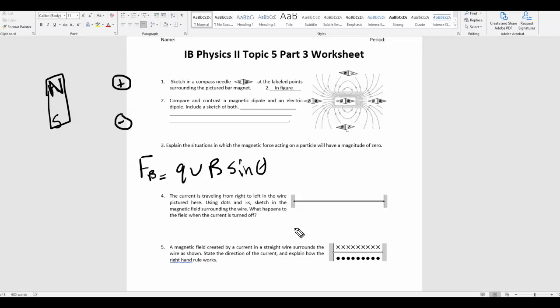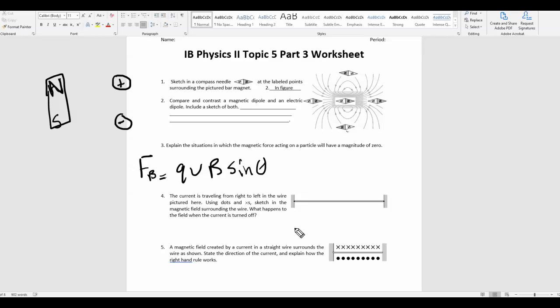And in order for sine theta to be 0, the angle has to be either 0 degrees or 180 degrees, so parallel or anti-parallel. Somebody asked me in a past video what I mean by anti-parallel. Anti-parallel is not perpendicular. Anti-parallel just means in the exact opposite direction, where the angle is 180 instead of 0. So that's question number 3.